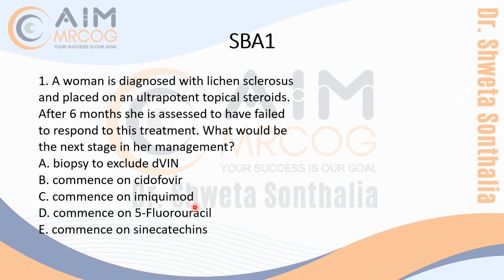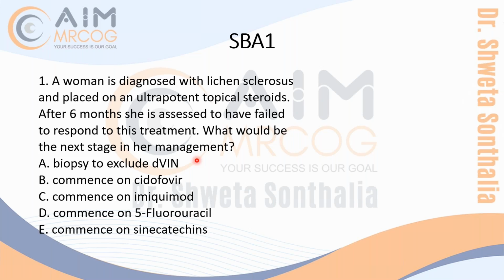So I hope this became clearer to you before going to these 2 SBAs. Once you have gone through this TOG, you'll be able to answer these SBAs. A woman is diagnosed with lichen sclerosus, placed on ultrapotent topical steroids. After 6 months, she has failed to respond to the steroids. What would be your next step in her management? You can answer these questions on YouTube.